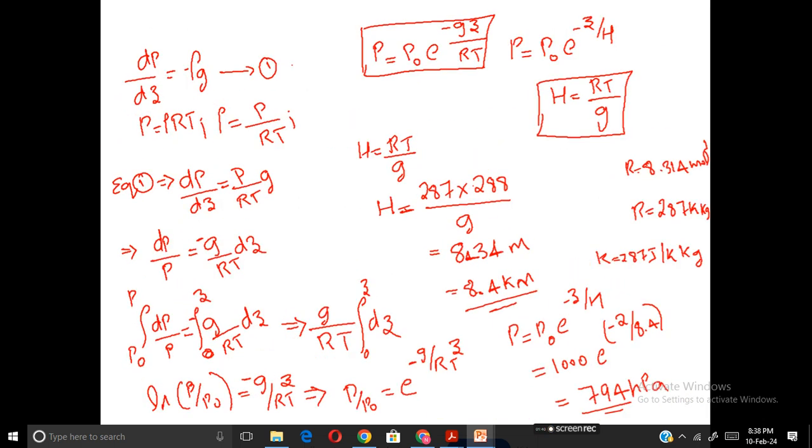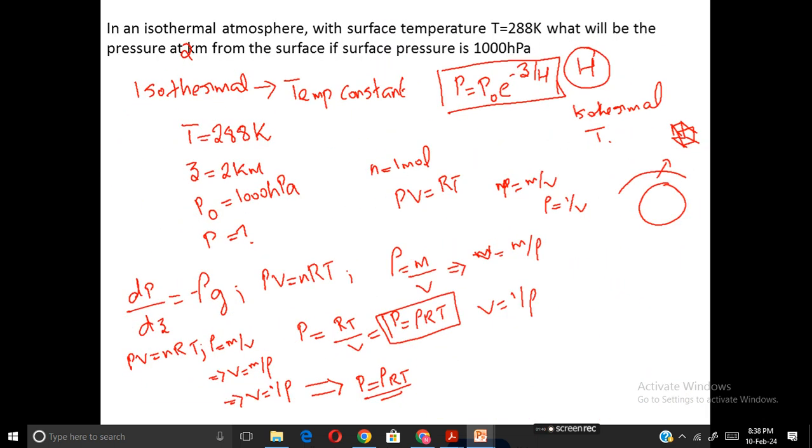Isothermal equation is P is equal to P0 e raised to minus Z by H. P is equal to rho RT.